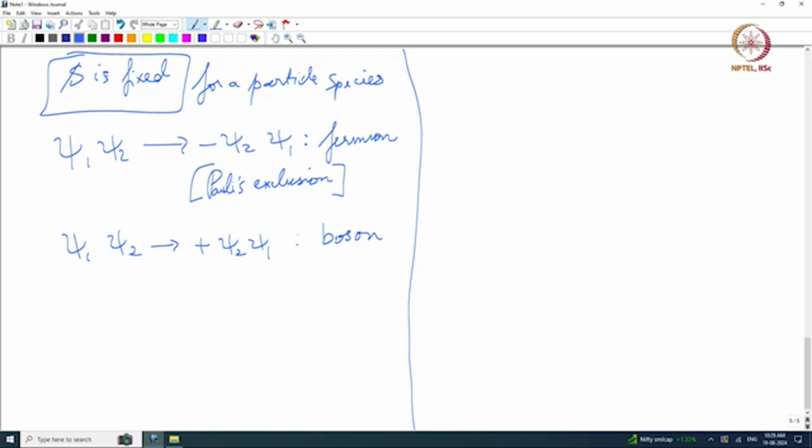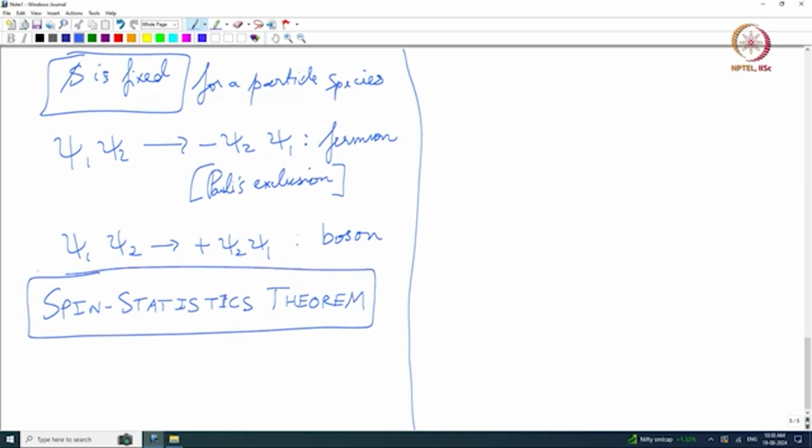That is because we made use of a theorem that we use unconsciously all the time. It is called the spin statistics theorem. This is a cornerstone of quantum field theory, particle physics and so on.